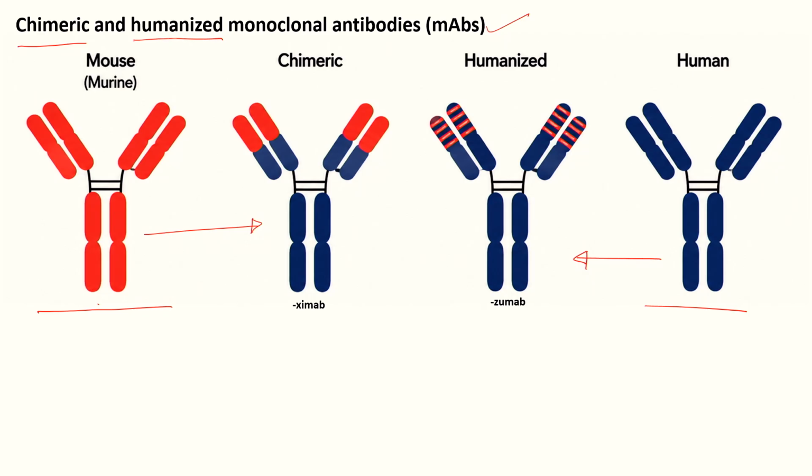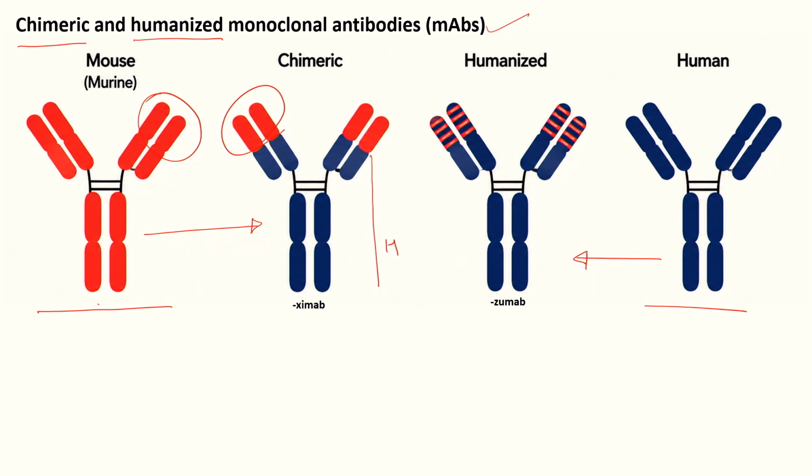When we make a chimera, this portion is coming from human. If we take this portion from the human, and the complete upper area, which is the variable region of the light and heavy chain, is coming from a mouse, then we call it a chimeric antibody.